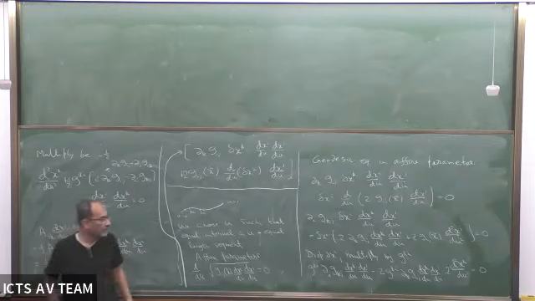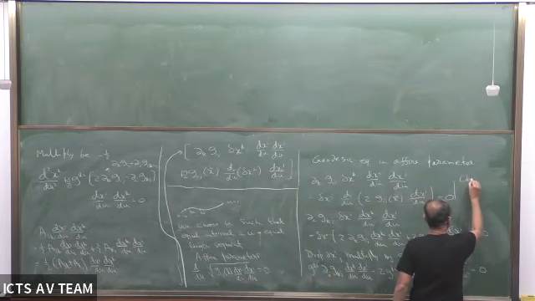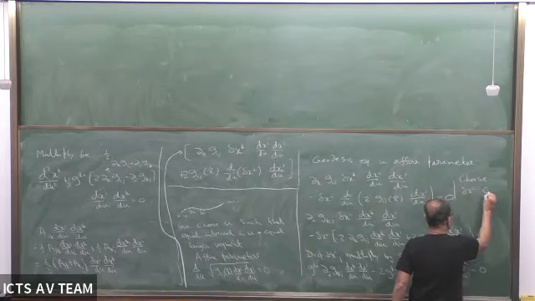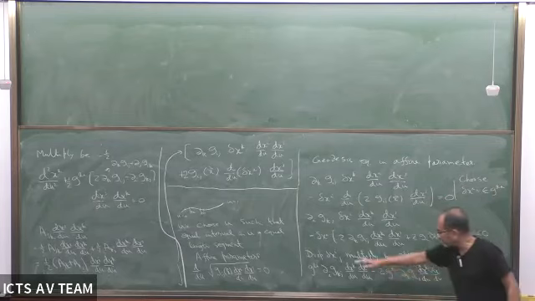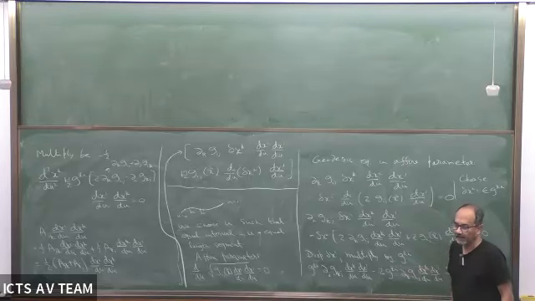So I can choose delta xi as epsilon GLI for any L. I can do that, right? Then you can forget about this line. I go directly from here to here, multiply by epsilon. Okay, and epsilon is completely arbitrary, so the coefficient has to vanish, right? That's what this equation is.